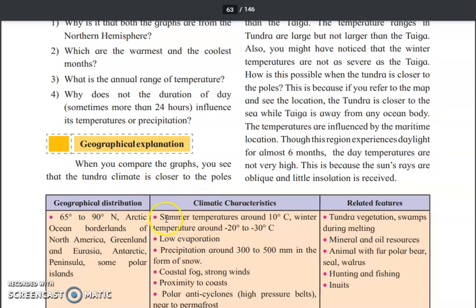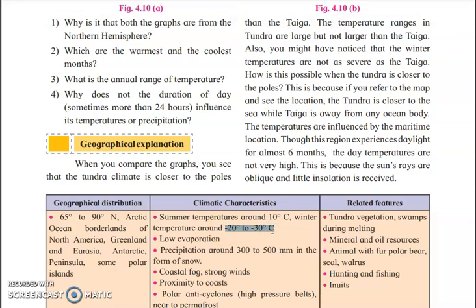Now just see, in summer the temperature is around 10 degrees Celsius. It is very cold even in the summers. And in winters the temperature goes to minus 30 degrees Celsius. There is very little evaporation, because evaporation takes place when the temperature is high and the sun's insolation is more.